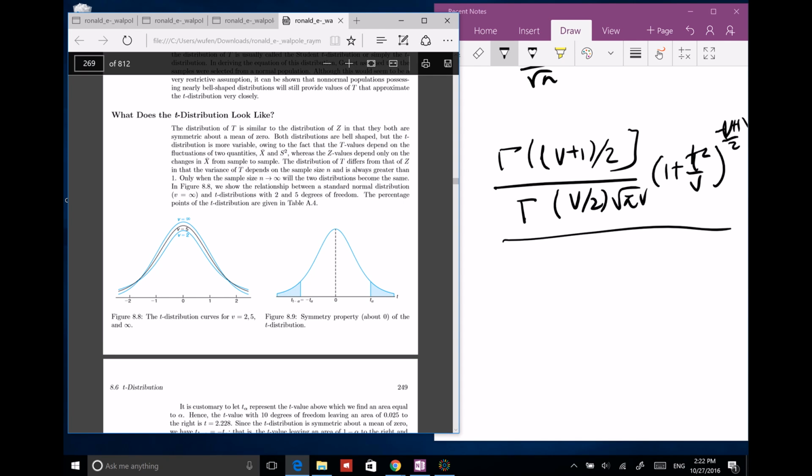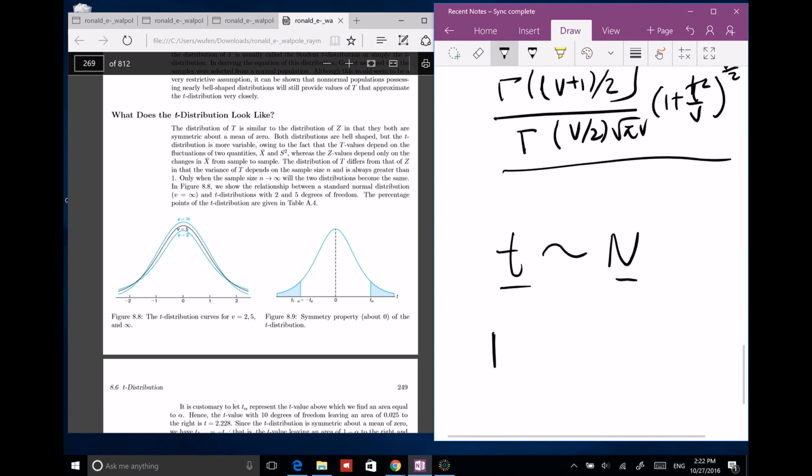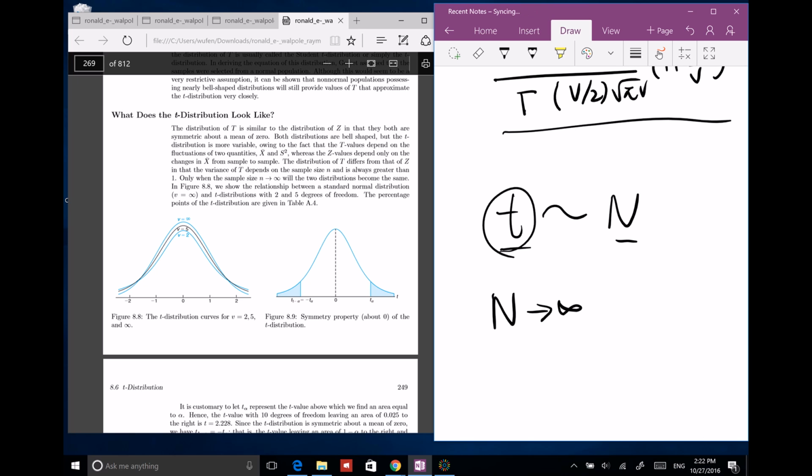When the degree of freedom goes to infinity, gets very big, it's exactly the same as the normal distribution. Why? Because the t-distribution is based on your sample.